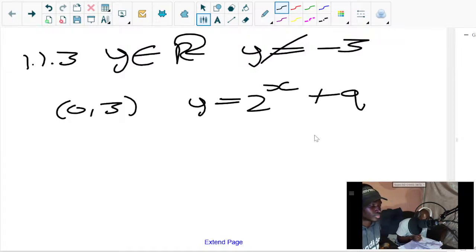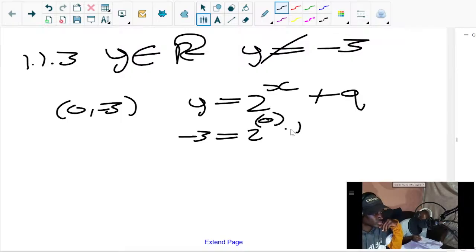Now on this point, what is y? It says minus 3. So we put minus 3 is equivalent to 2 to the power of 0, since x is 0, plus q.